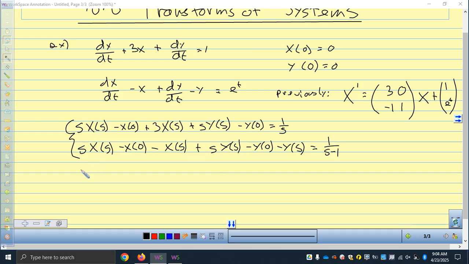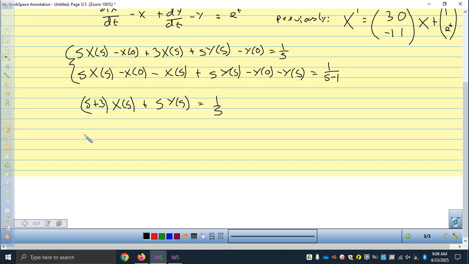Gathering things together, we get s plus 3 times x of s plus s times y of s equals 1 over s, and s minus 1 times x of s plus s minus 1 times y of s equals 1 over s minus 1. So this is our system of equations that we need to solve for x of s and y of s.